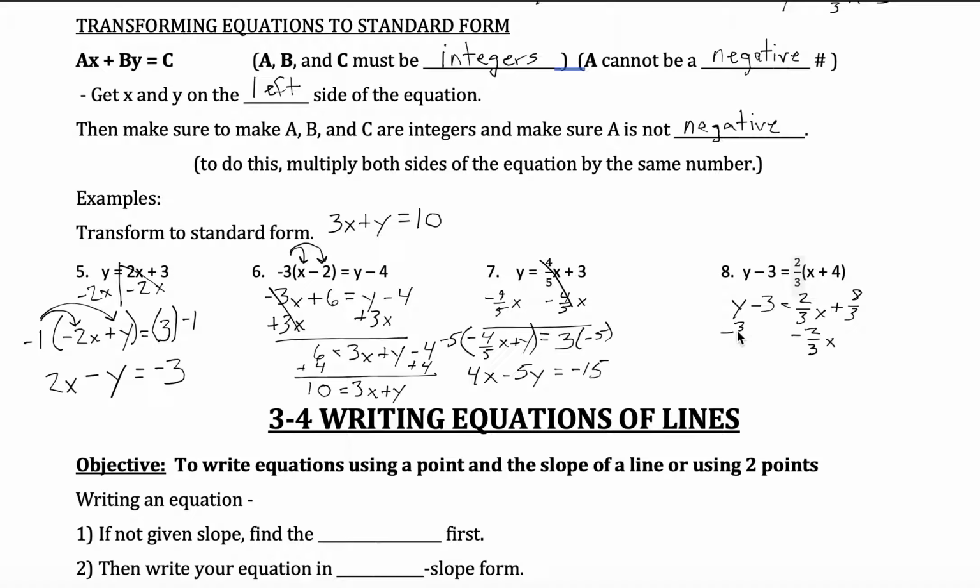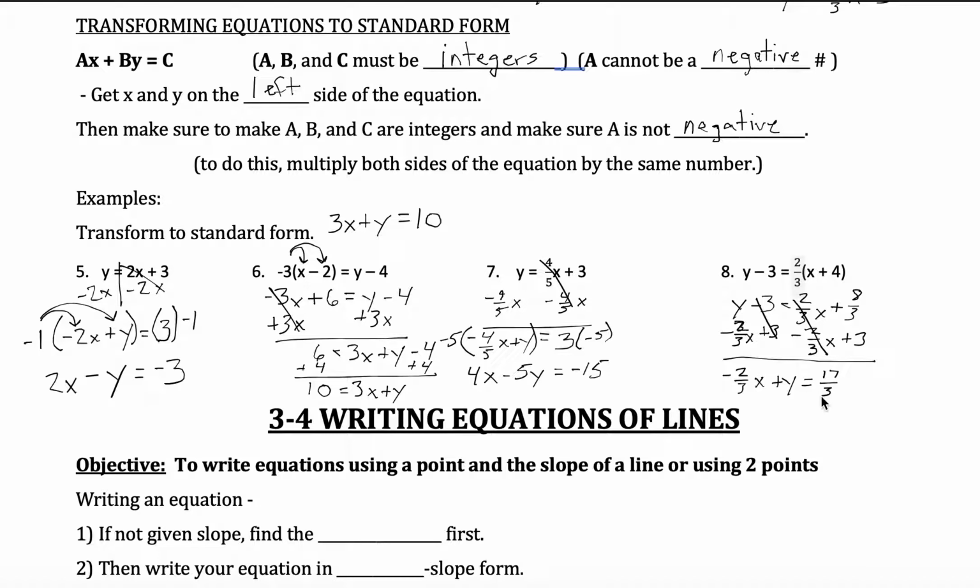We also want to move the constant of our 3 to the right-hand side, so we're going to add 3. We can do both at the same time. So our 3's cancel out, and we have -2/3 x plus y equals, and then the 2/3 x cancel out, so we have 8/3 plus 3 gives me 17/3.